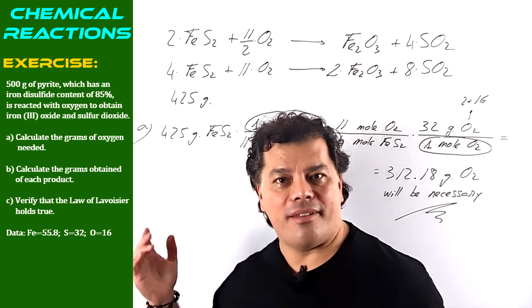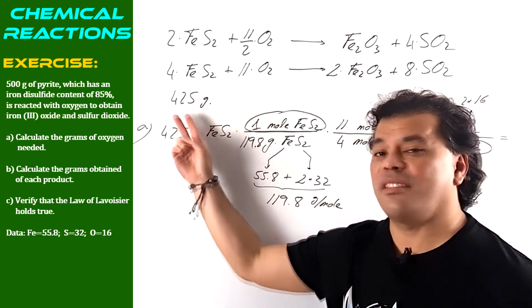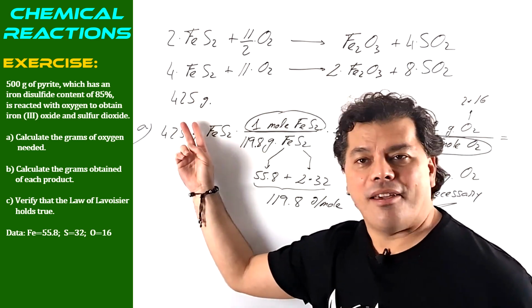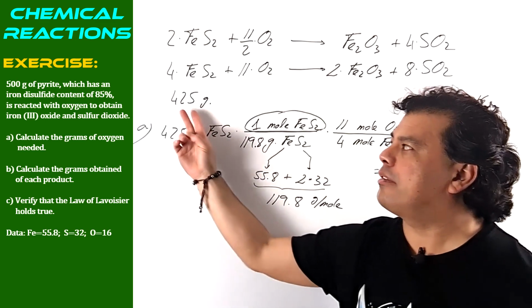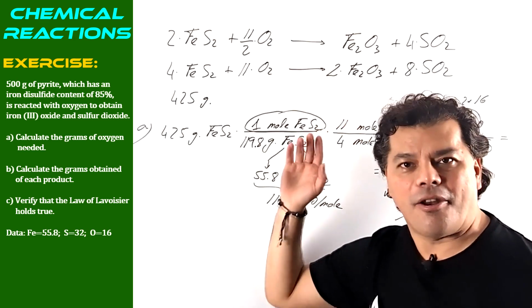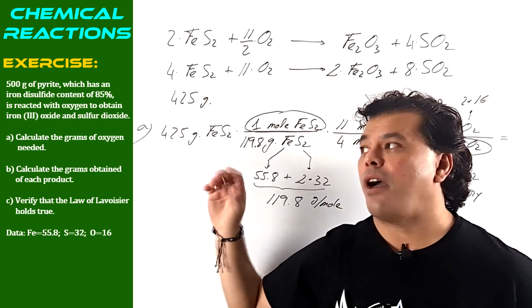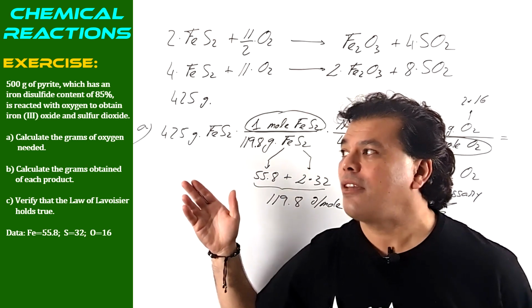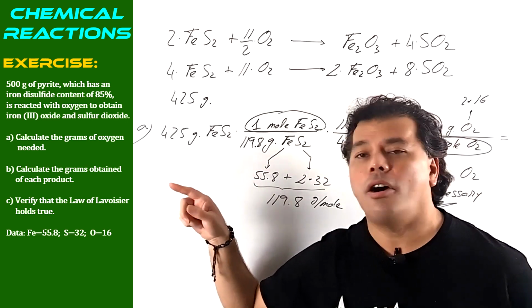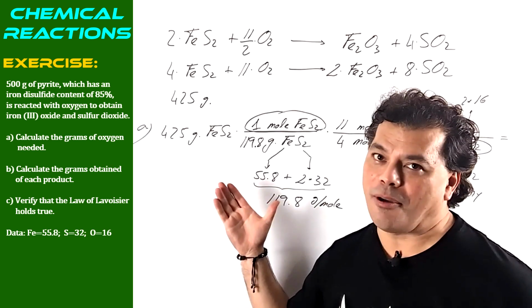The new thing in this problem is that this substance is not given directly. We are not told that 425 grams of iron disulfide reacts with blah blah blah. No, it says that this substance comes in a mineral of 500 grams of pyrite, which has a content of 85%. This was the new thing in this problem.